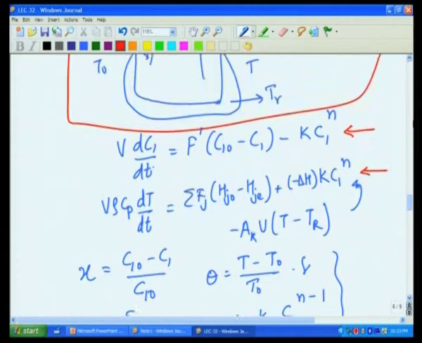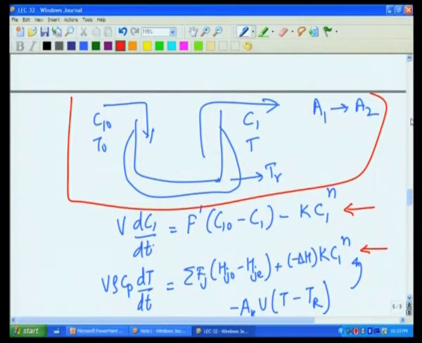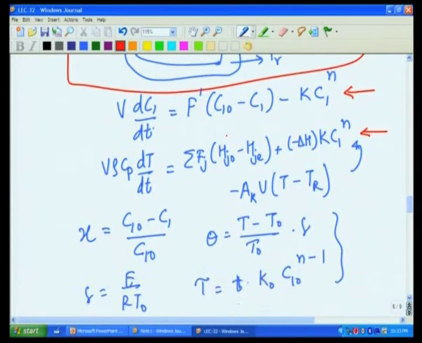We are looking at reaction A1 going to A2 in this CSTR, for which we are trying to maintain a steady state, by providing a cooling jacket in which a coolant is being circulated at a temperature Tr, and we are trying to find out the steady state operations and what is possible or otherwise.